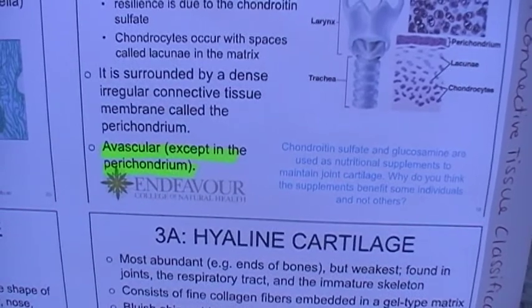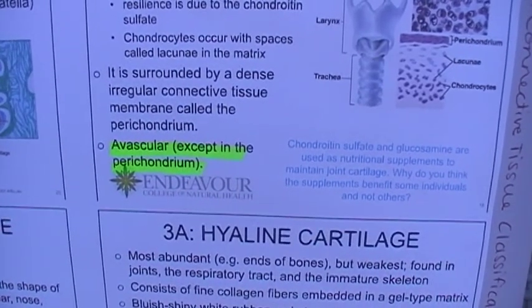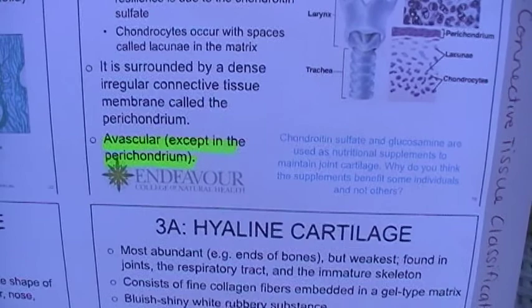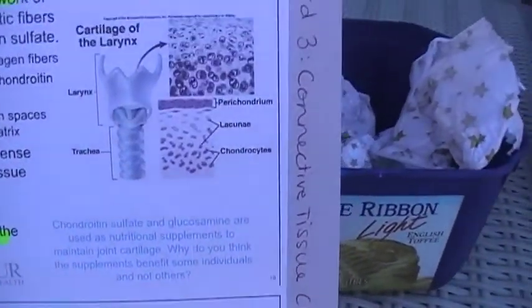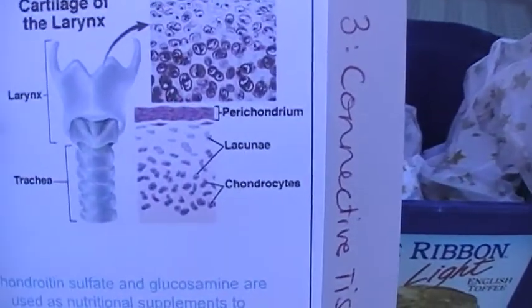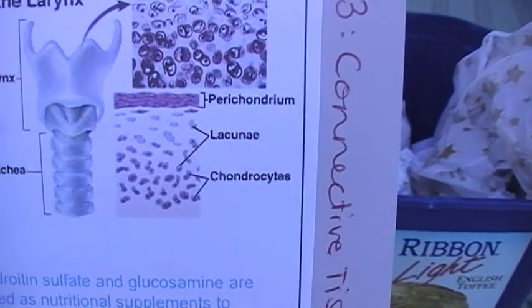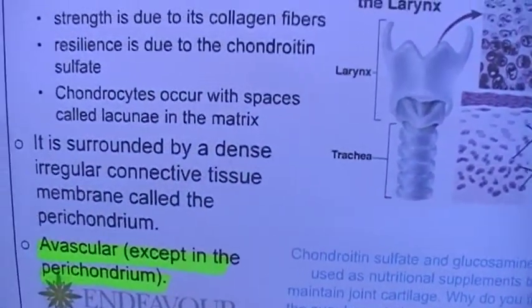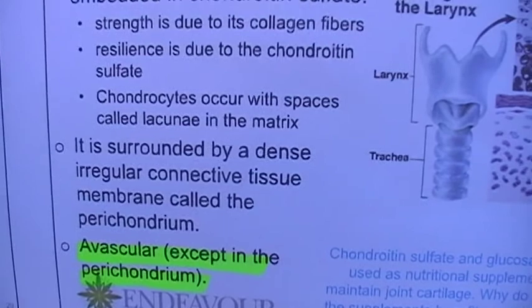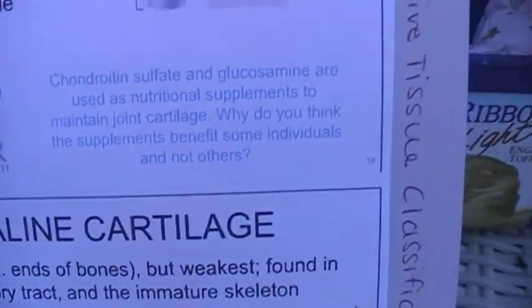It's surrounded by dense irregular connective tissue called the perichondrium. The perichondrium is the dense irregular connective tissue around it.